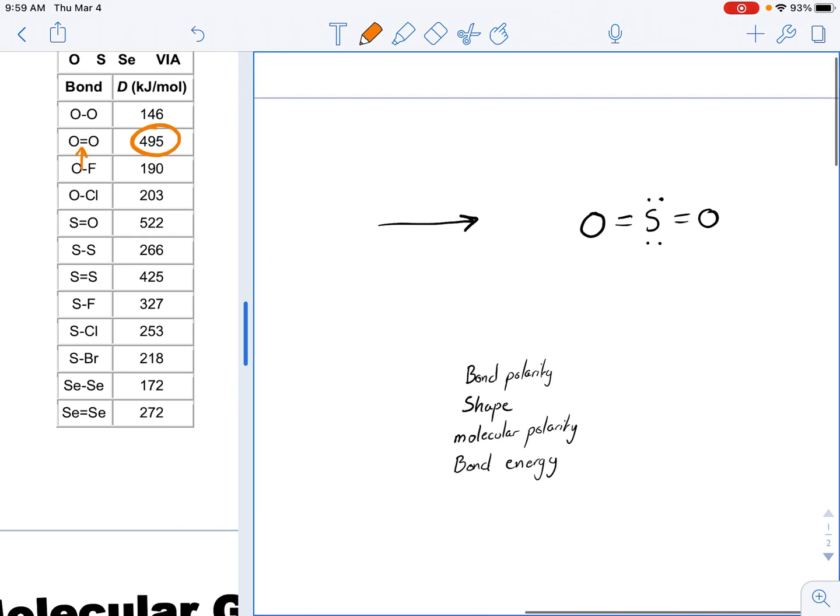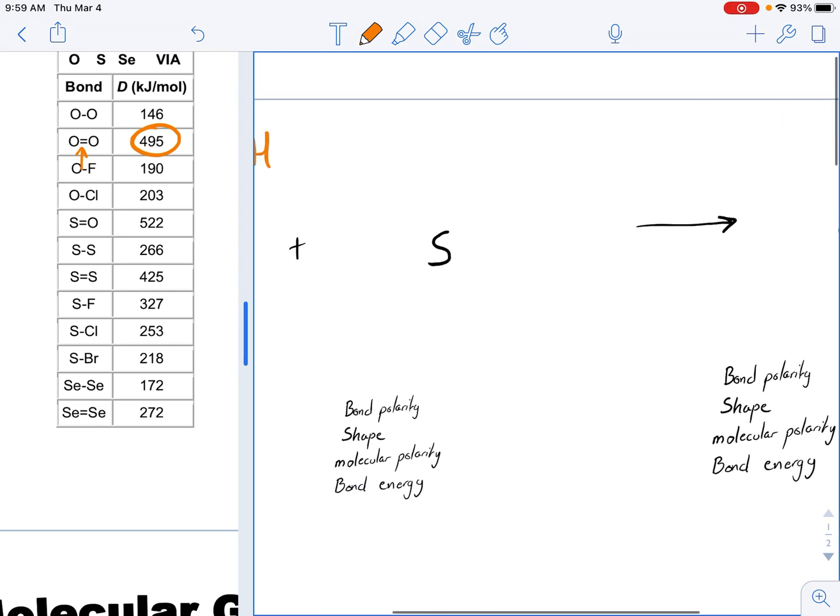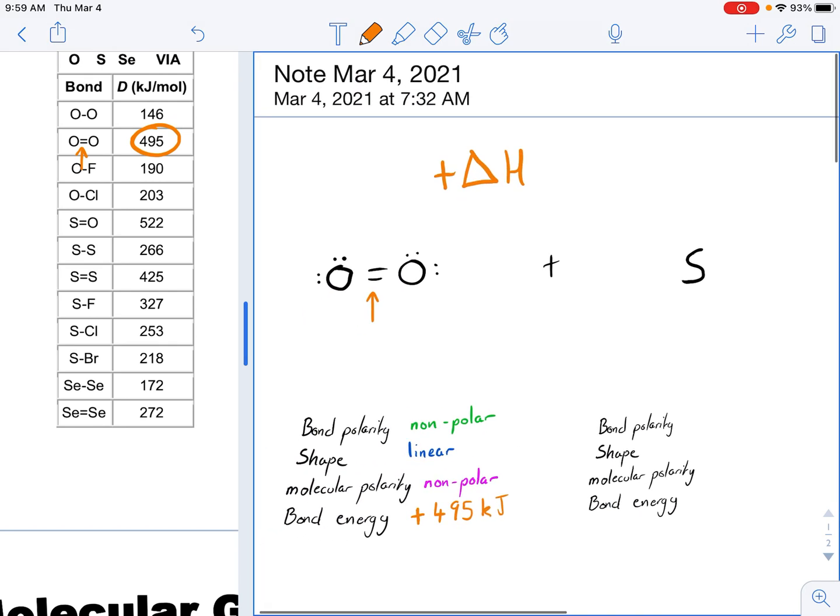On the right-hand side, all of this stuff is going to be negative. This is energy I get out. This is exiting. This is entering. Anything on the left is positive, anything on the right is negative. Okay, so we finished up that one.